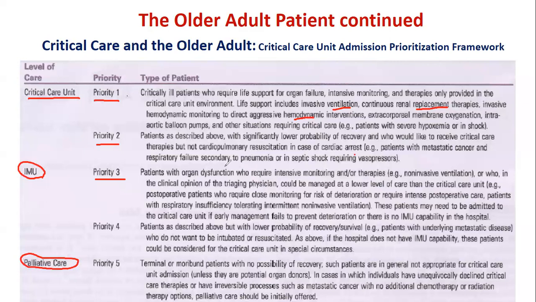Patients with organ dysfunction like kidney failure, liver failure, who require intensive monitoring and who require therapies like non-invasive ventilation. So ventilation, everybody knows that, but we call it non-invasive.